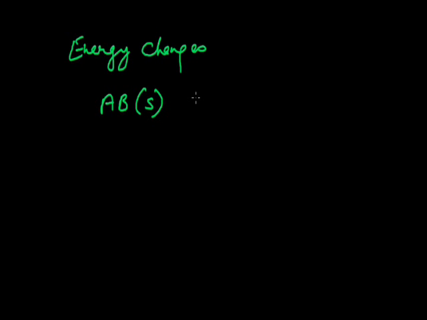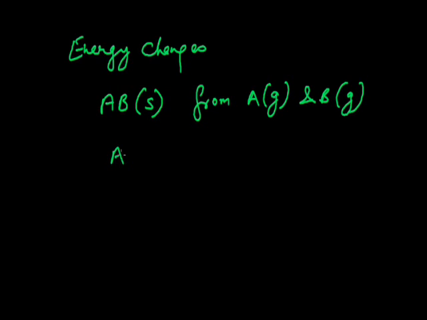Now we'll be looking into the changes that take place during the formation of an ionic bond. The formation of ionic compound AB in the solid form from the gaseous atoms, say A and B, can be considered as follows.